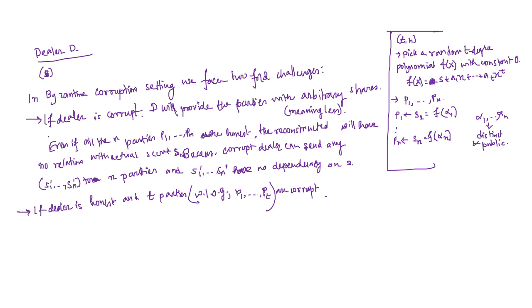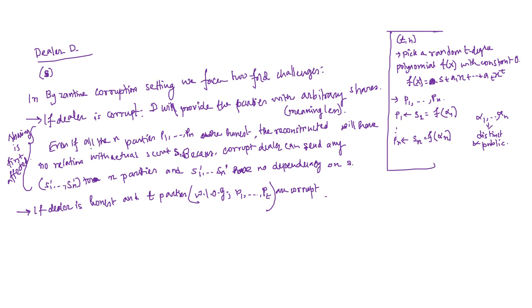If you notice, in the corrupt dealer setting the disturbance occurs at the sharing phase. The sharing phase is first affected, and as a result, reconstruction is of course affected.